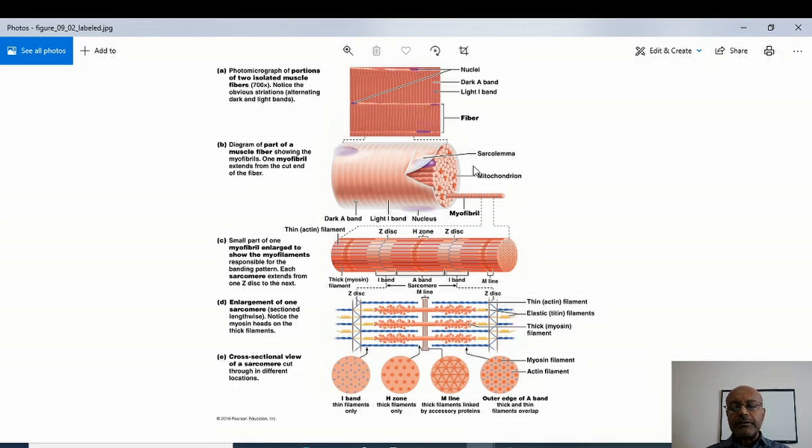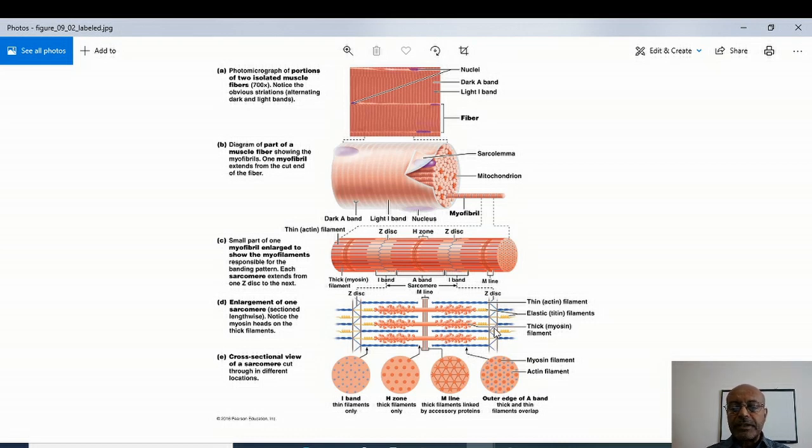Muscle fiber, this whole thing, or skeletal muscle cell, consists of myofibrils. When we take one myofibril and magnify this stick-like structure, this is what it is. And from Z disc to Z disc is a sarcomere.